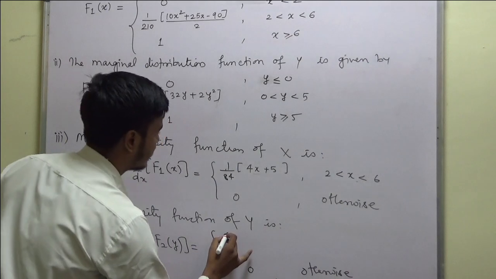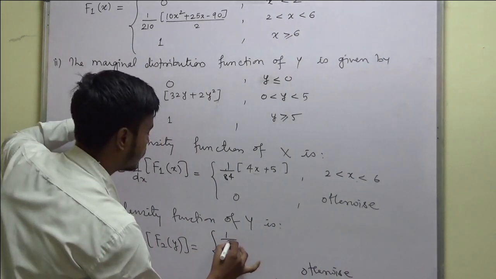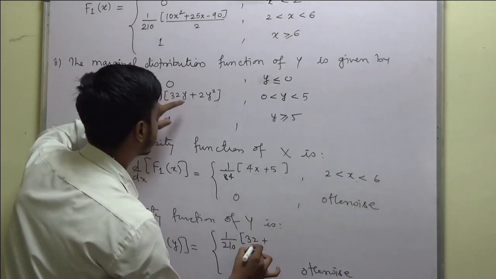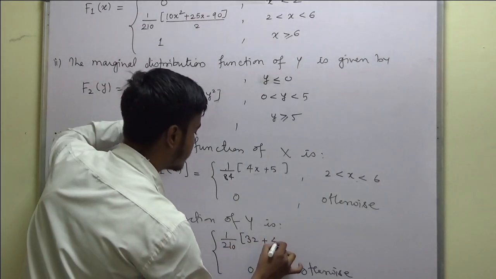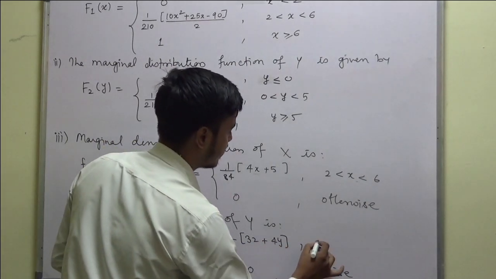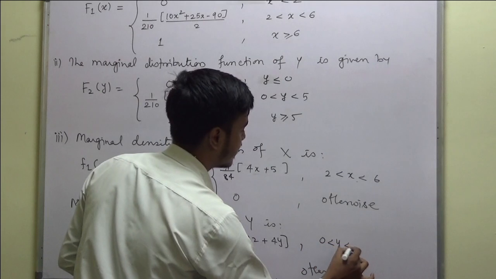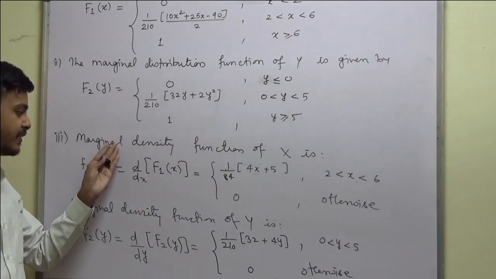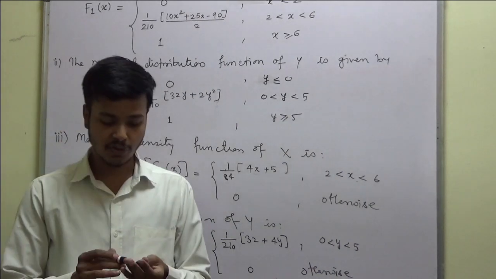So it is 1 upon 210. The derivative of 32y is 32, plus the derivative of 2y square is 4y. Now 4 gets cancelled with this. If you want, you can write 0 less than y less than 5. So this is nothing but the marginal density function of x and the marginal density function of y.